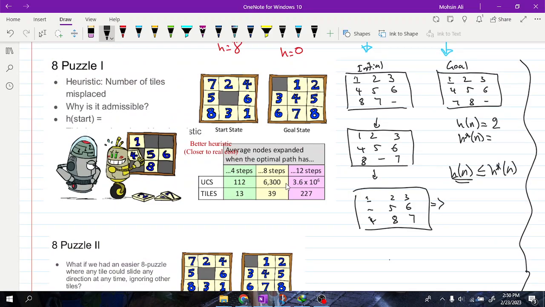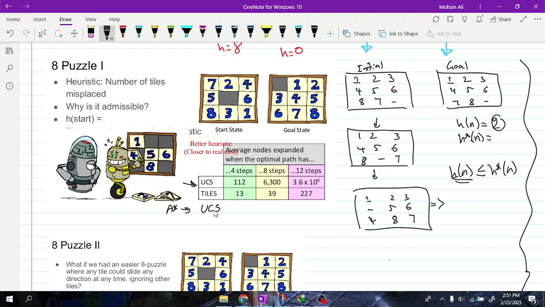Okay, so we could see that the difference between our heuristic and our actual cost is very big, because the heuristic says 2, and clearly it's not being solved in under 2 steps. One thing that I want to point out is that A star is a special form of UCS, and I did talk about this in the last video as well.